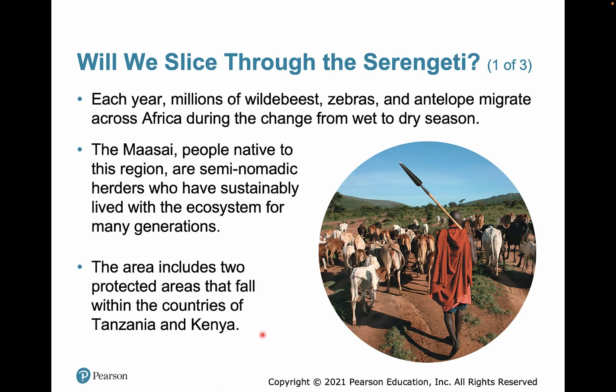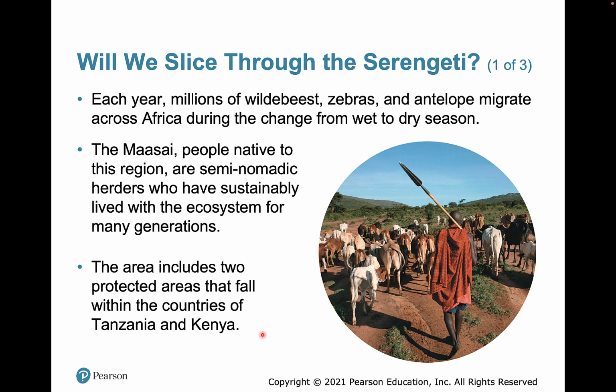So the case study for this chapter, and you guys are going to read about this. A road through the Serengeti. So the Serengeti is a national park over in Africa, and there are huge migrations of hoofed animals through the Serengeti as the seasons change from wet to dry and back.